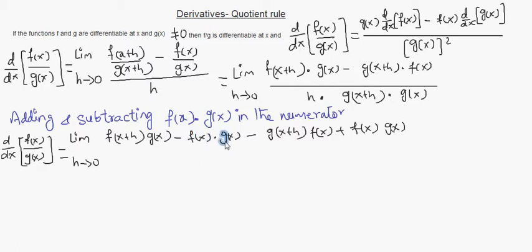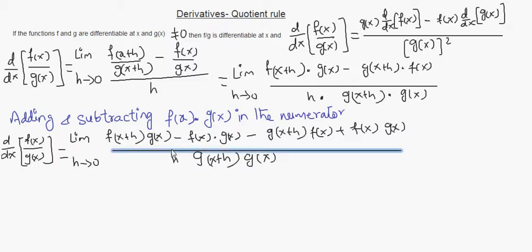This is where we subtracted, and this is where we are adding them. All this divided by h times g of x plus h times g of x.